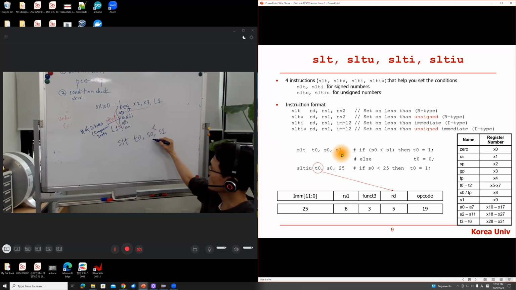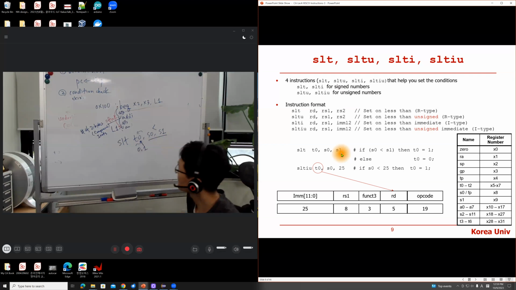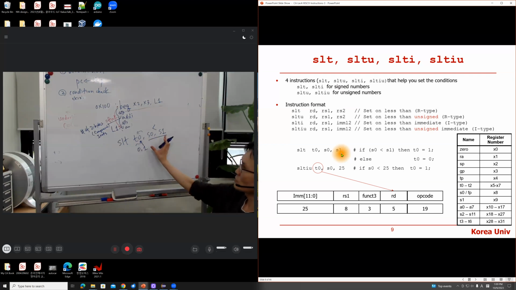You want to check this condition, then set the T0 register to either 0 or 1. If the condition is met, set this one to 1. If the condition is not met, set this one to 0. Simple, right?